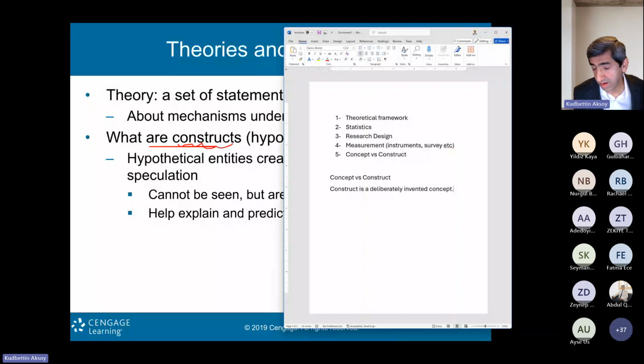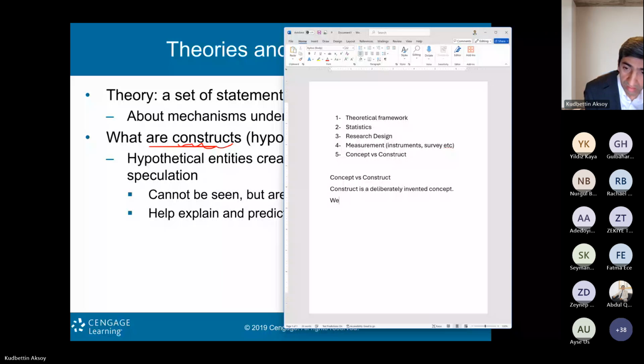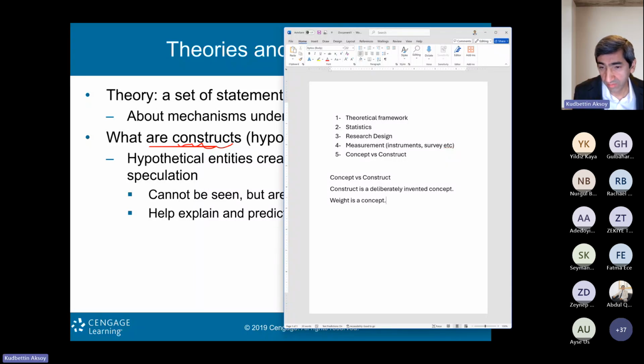By definition, every construct is a concept, but not every concept is a construct. Weight is a concept because it's tangible, it's observable, it's direct.